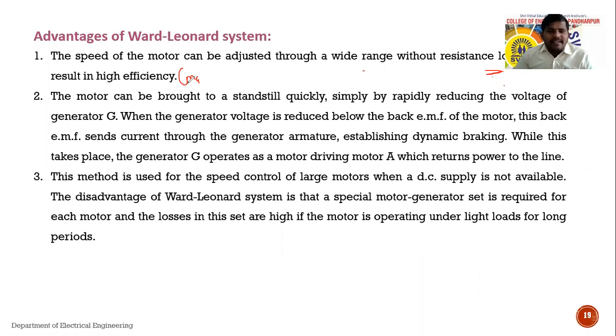If we are not inserting resistance, that means losses are minimum and we get maximum efficiency. Are we inserting resistance anywhere in the motor? No, we are not inserting resistance. So there are minimum losses, and the efficiency obtained by this machine using the Ward-Leonard system is maximum.